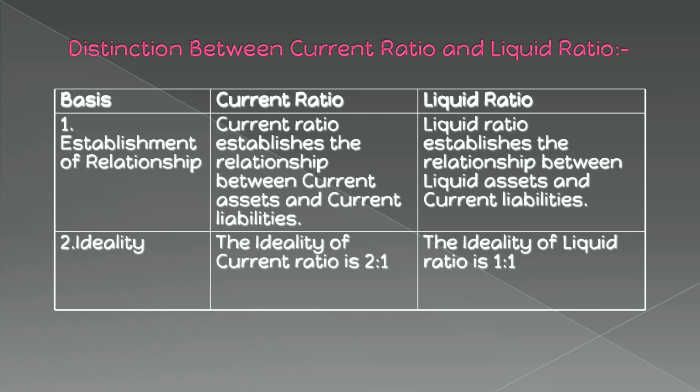So formula अगर याद है तो we can explain this distinction basis. And second is there is difference in ideality. Ideal the current ratio is 2 is to 1, whereas ideal liquid ratio is 1 is to 1. So these are the two differences between this current ratio and liquid ratio. So I think you all are able to understand, isn't it?